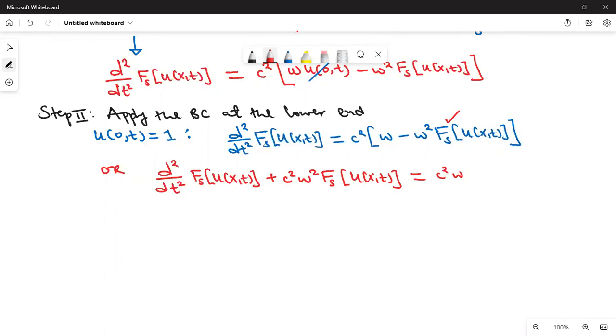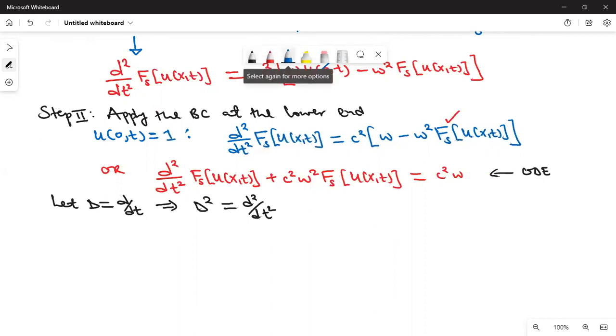So I can use a D operator. Let D be the derivative with respect to t. So D squared will be the second derivative with respect to t twice. Remember, this is an ODE, so this one is an ODE of second order with constant coefficients.